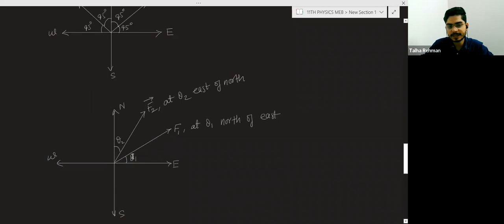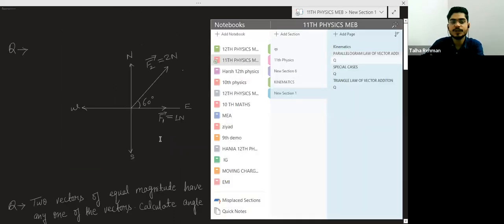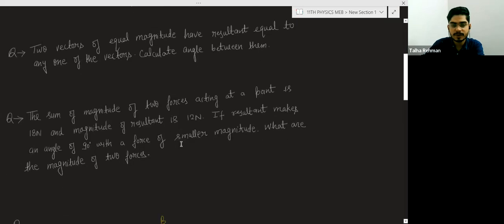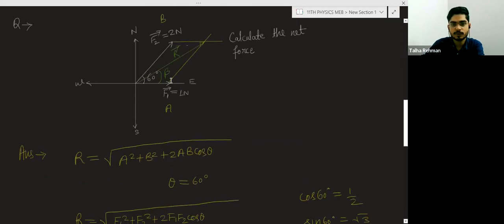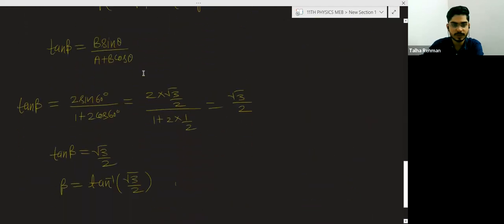If any vector is making an angle theta 1, you can say that vector is at angle theta 1 north of east. So your resultant vector will be at an angle of tan inverse root 3 by 2 north of east.